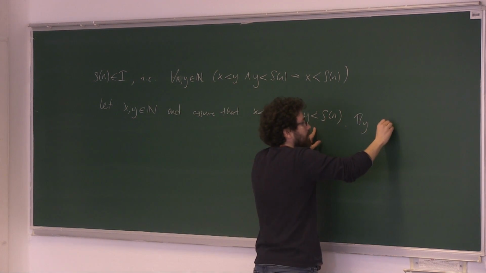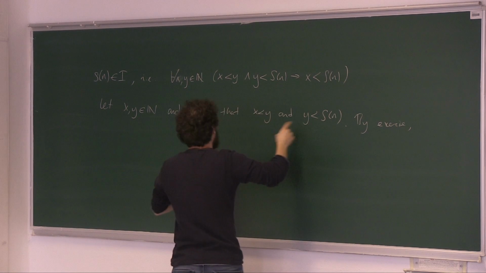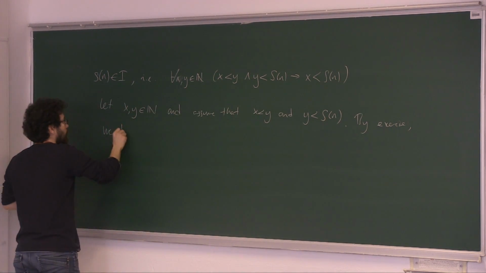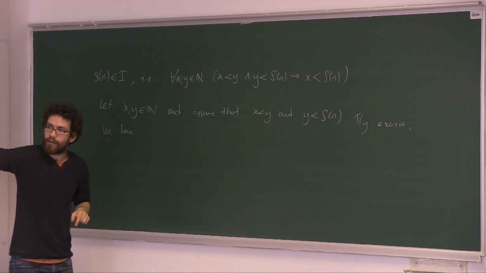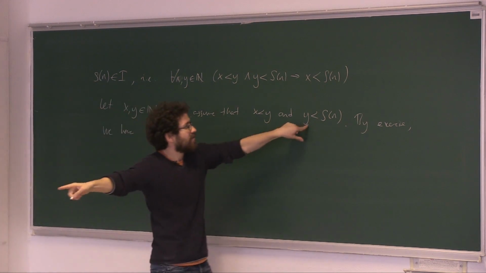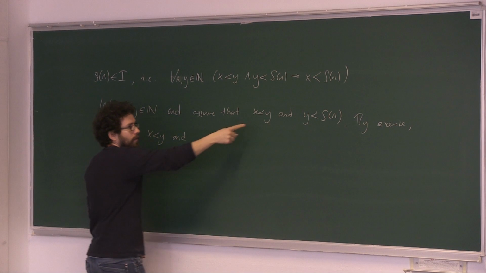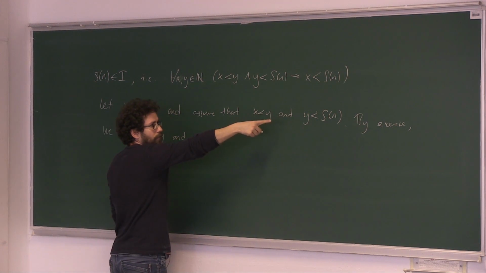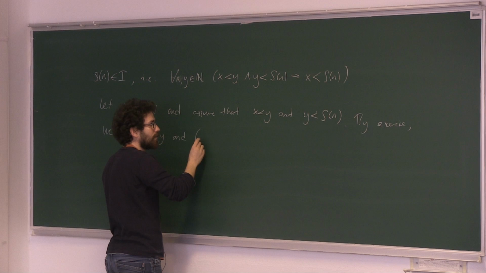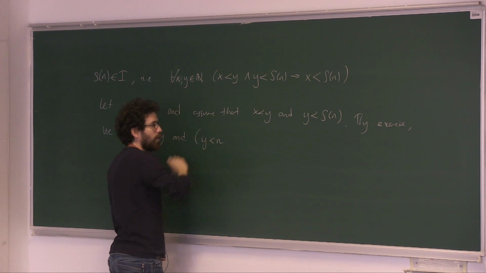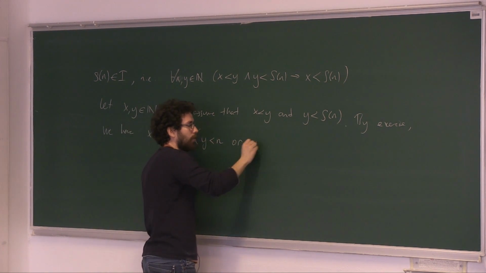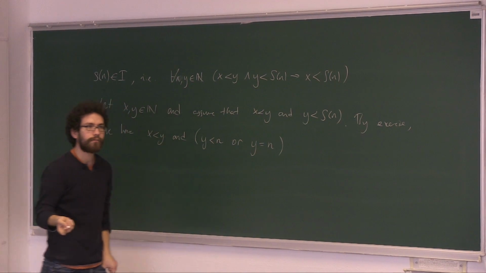By exercise, we have, this is why you should do the exercise. By the second exercise, this implies the following. Y strictly less than successor of n is the same thing as y strictly less than n or y equals n, okay?